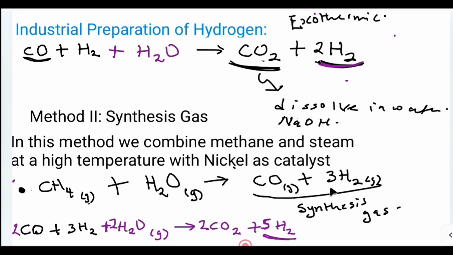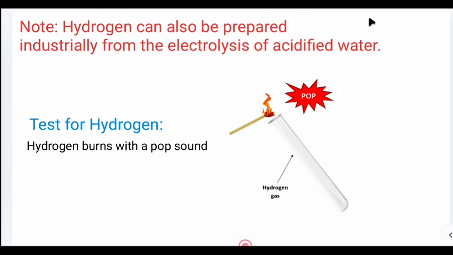But when I use synthesis gas, I'm getting 5 moles, meaning synthesis gas gives me more hydrogen compared to water gas. Now, aside the Bosch process and the use of synthesis gas, we can also prepare hydrogen from the electrolysis of acidified water. We'll look at that when we do electrolysis later on.